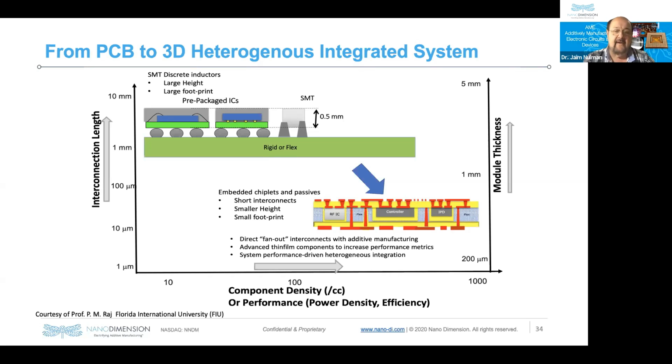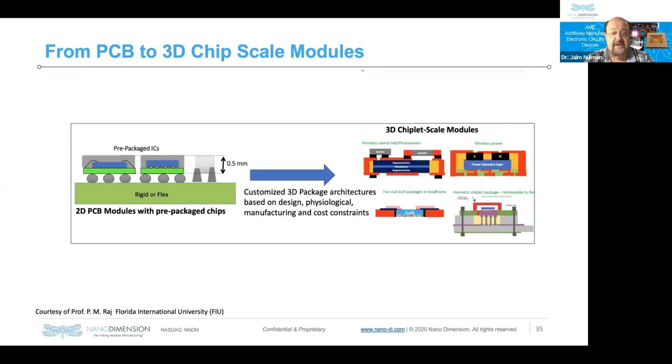And basically here is a clear example of where the bridge comes between the PCB and the integrated circuit semiconductor industry. As we mentioned at the beginning, the AME is creating this bridge.